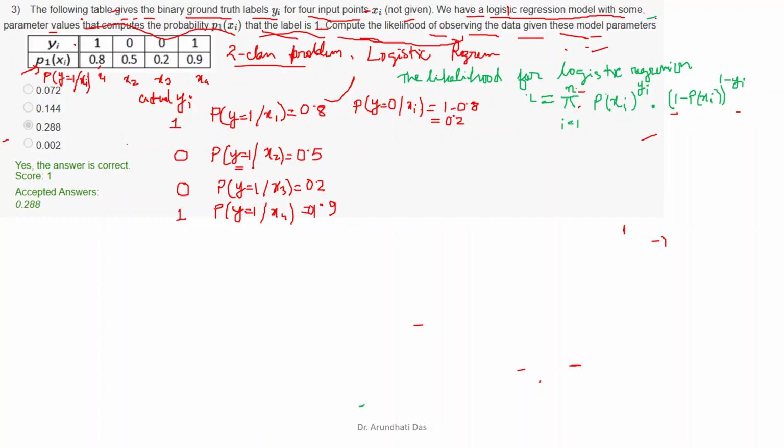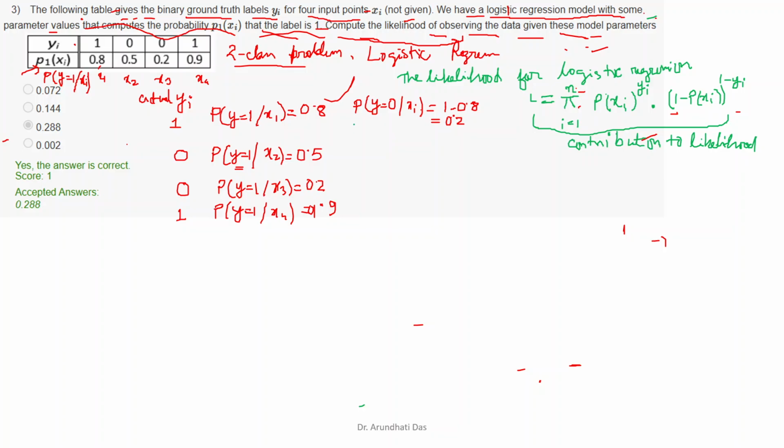Now this formula will give me the contribution to likelihood for my particular problem.